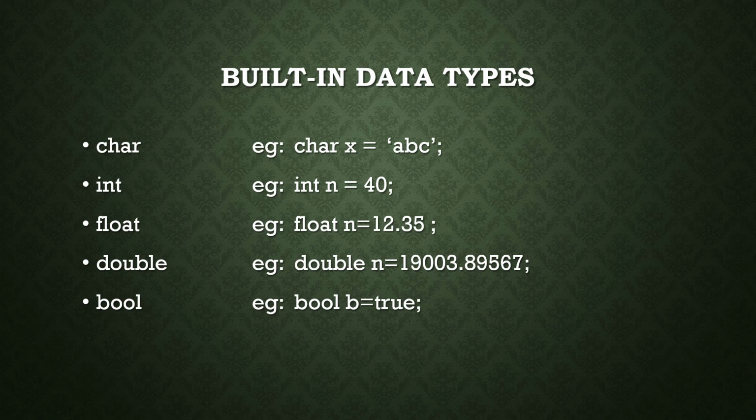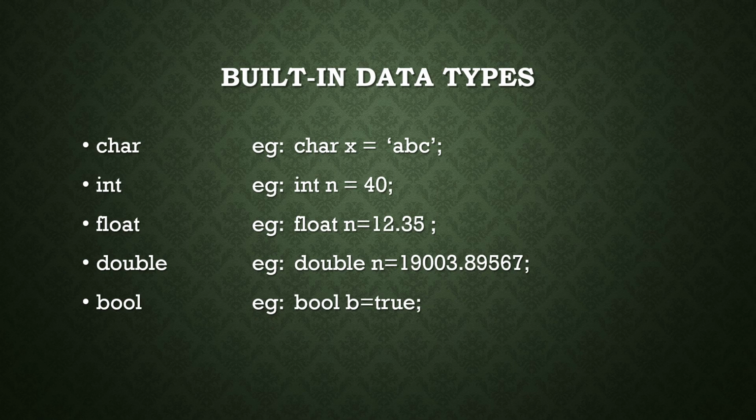Now you see the example, double n equal to 19003.895667, because here we can accept up to 8 bytes of memory, so the range is very high. So we can store very big numbers with fractional values. We can take double as a data type.